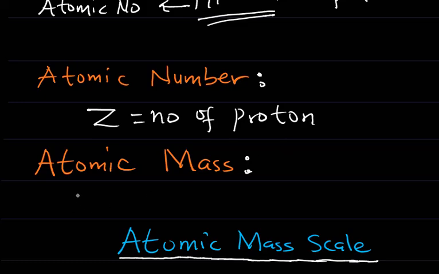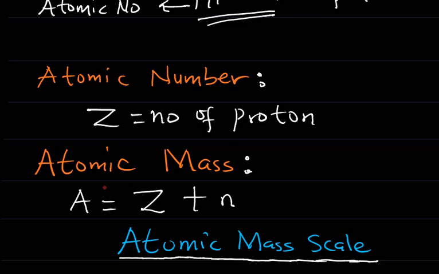The symbol of the atomic mass of an atom is A. What constitutes the atomic mass is the particles found in the nucleus of the atom, which are the proton and the neutron. So invariably, atomic mass of the atom is given as Z, the atomic number, the number of protons, plus the number of neutrons N.